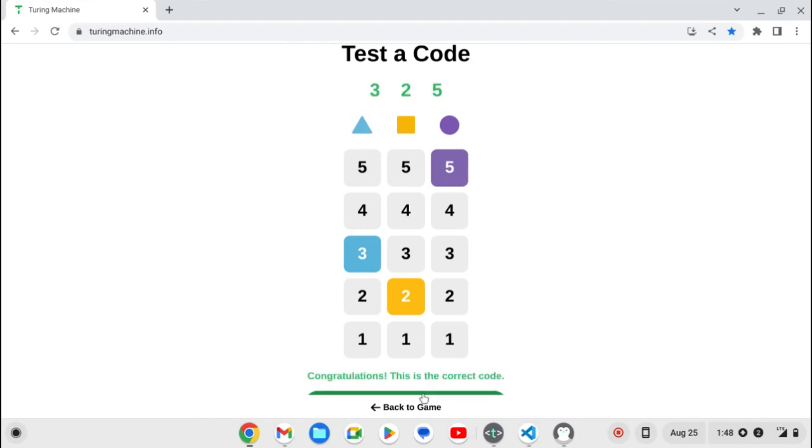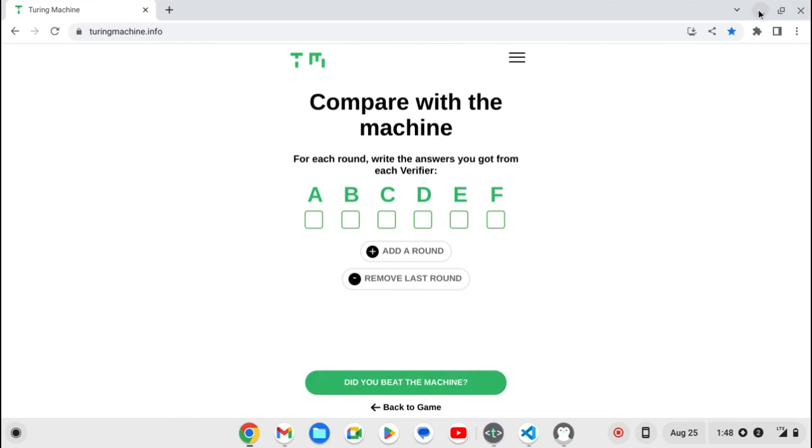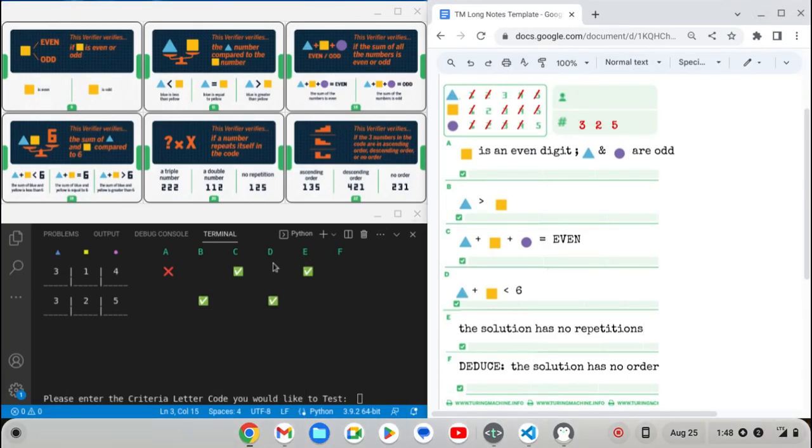Fantastic. Well, let's see how we did versus the Turing machine. So the good thing about today's puzzle is we did have 6 criteria cards, but we just tested 5. We were able to successfully deduce that there should be no order. And so notice that in the first round we did ACE with A being incorrect, and then we did BD in the second round.